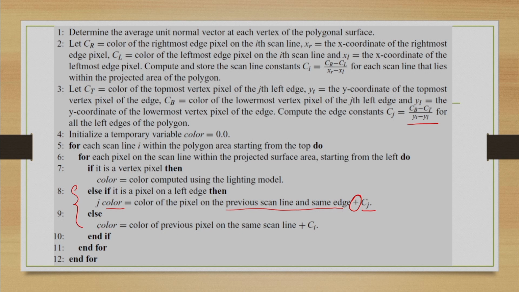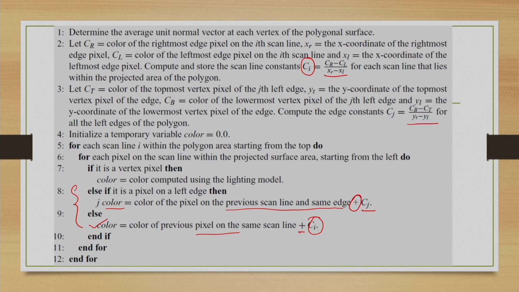Similarly, in this stage also we can use simple addition to compute color, where the addition is between the previously computed color and some constant which is already pre-computed as shown in this line. For more explanation on this algorithm, you may refer to the material that will be mentioned at the end.